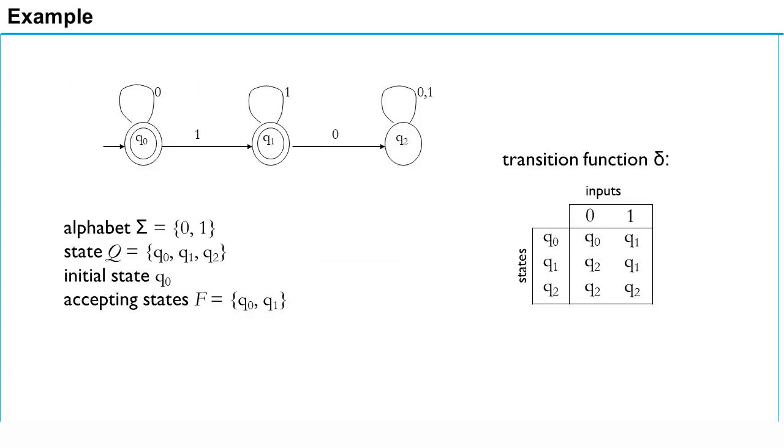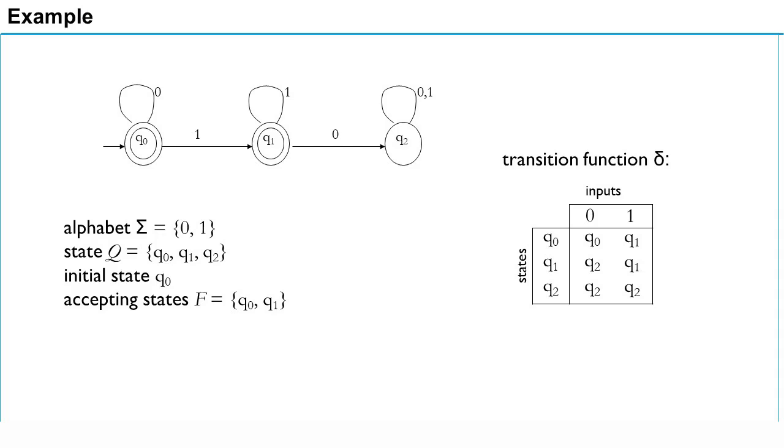Now the next one is the diagrammatic representation, where the alphabets are 0 and 1. So you have two inputs which are 0 and 1. Whenever the input is 0, what will be the reaction? Whenever the input is 1, what will be the reaction has been given in the transition function.